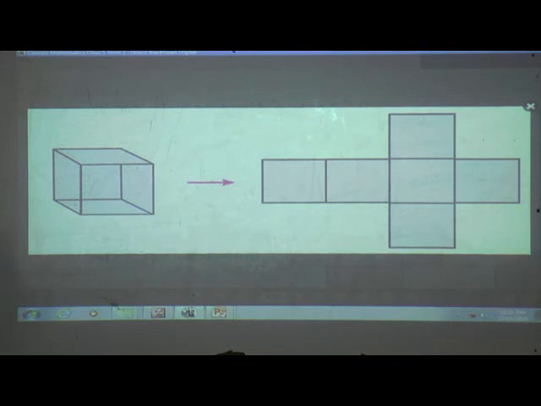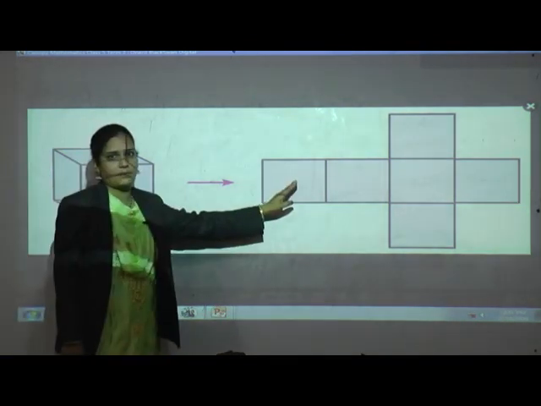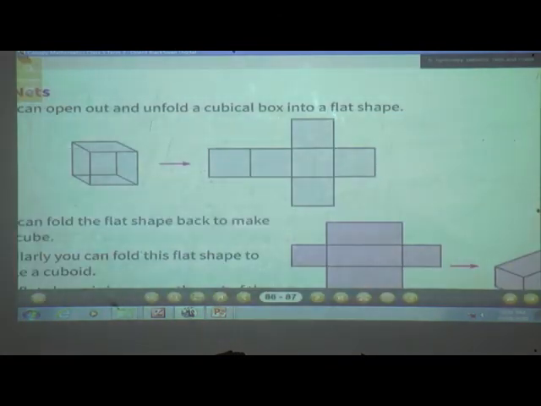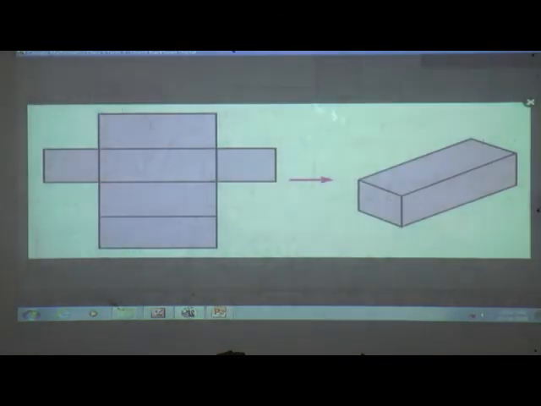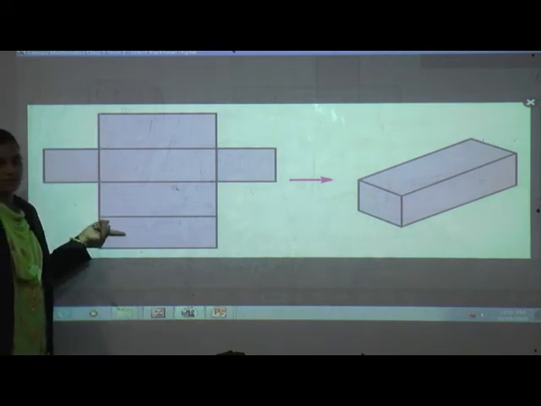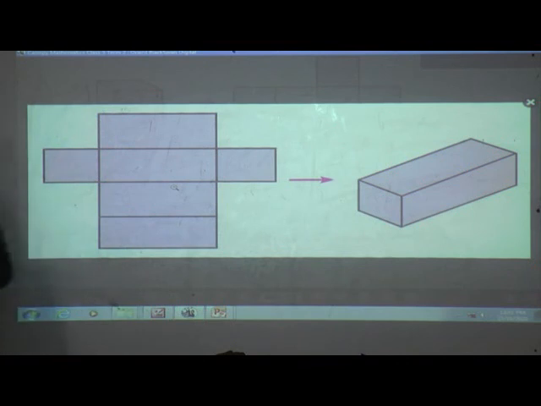Similarly, you can fold this flat shape to make a cuboid also. This flat shape is known as a net of a solid shape.